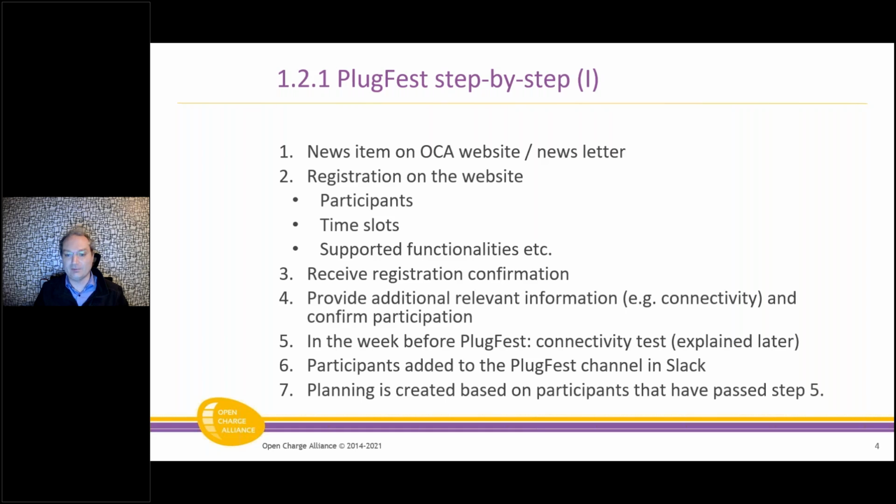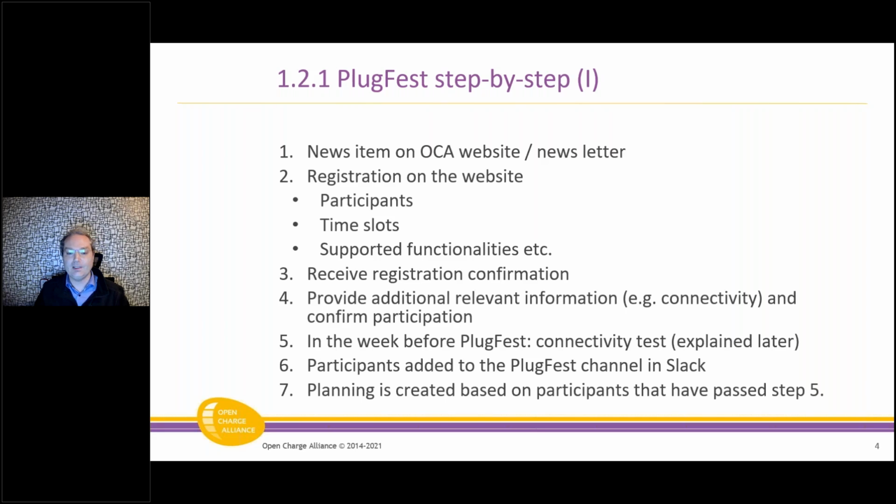After that, we will ask you for some additional relevant information. The first thing we always ask for is the connectivity. We ask you to fill in the connectivity sheet with the appropriate data that can be used for testing. And of course, we ask you to confirm your participation as well.